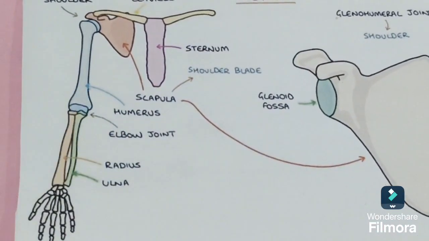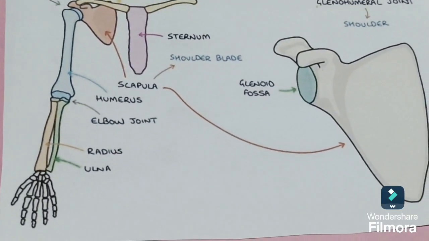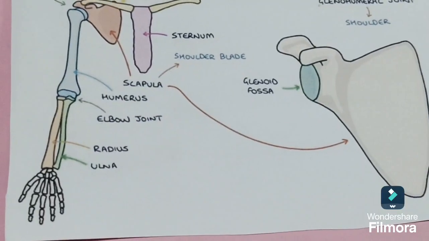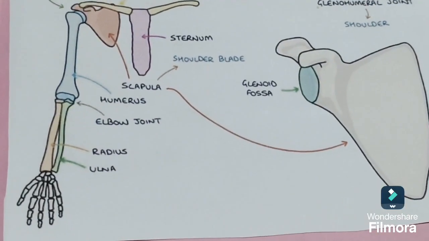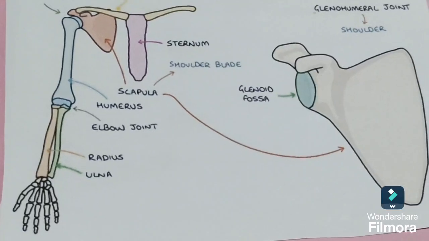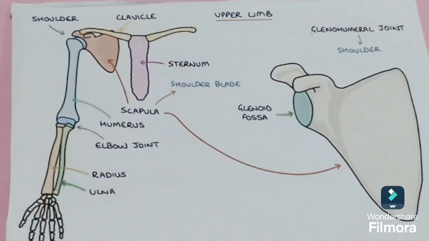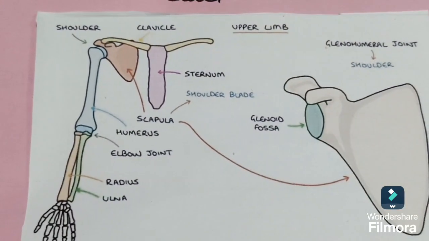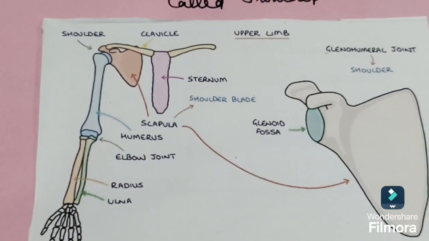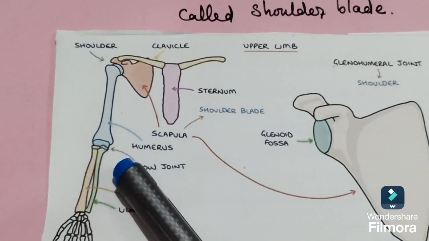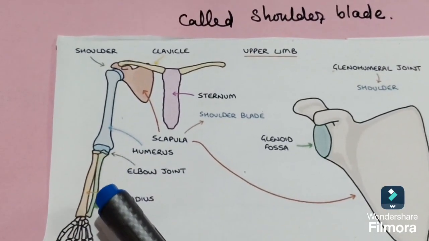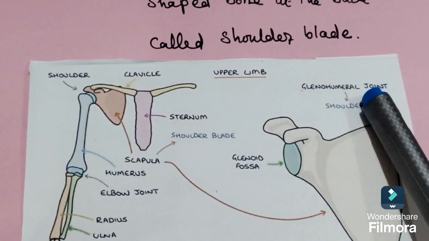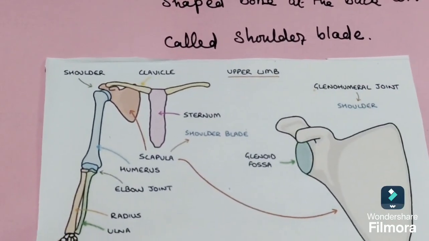The humerus is the name of the bone of the upper arm. On the scapula, there is a concave area called the glenoid fossa, and the head of the humerus meets this glenoid fossa to form the glenohumeral joint of the shoulder.